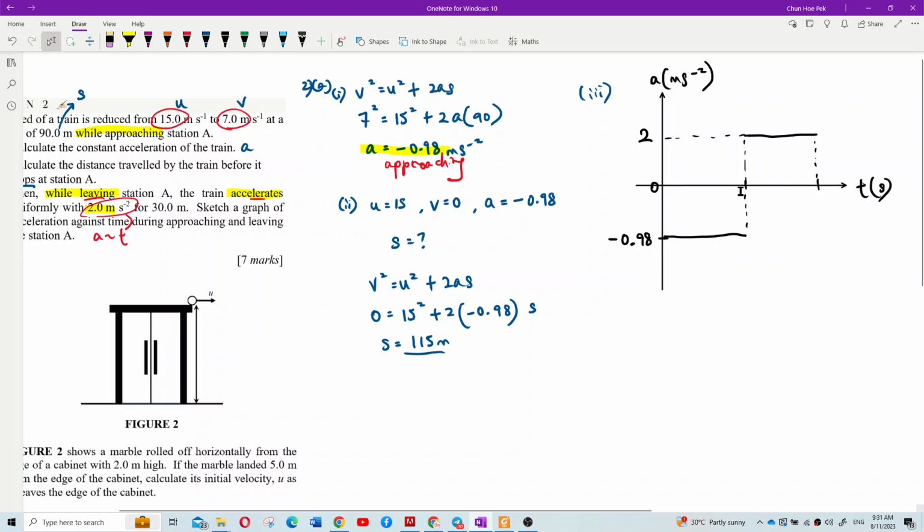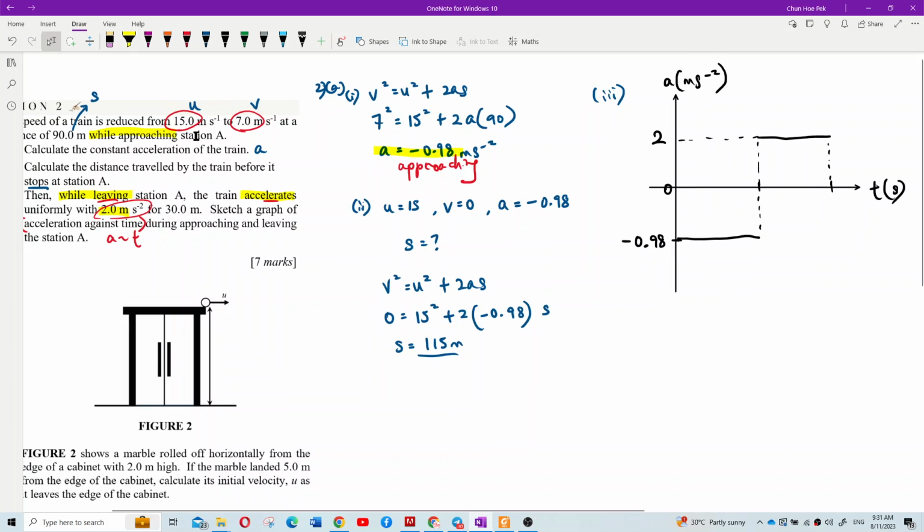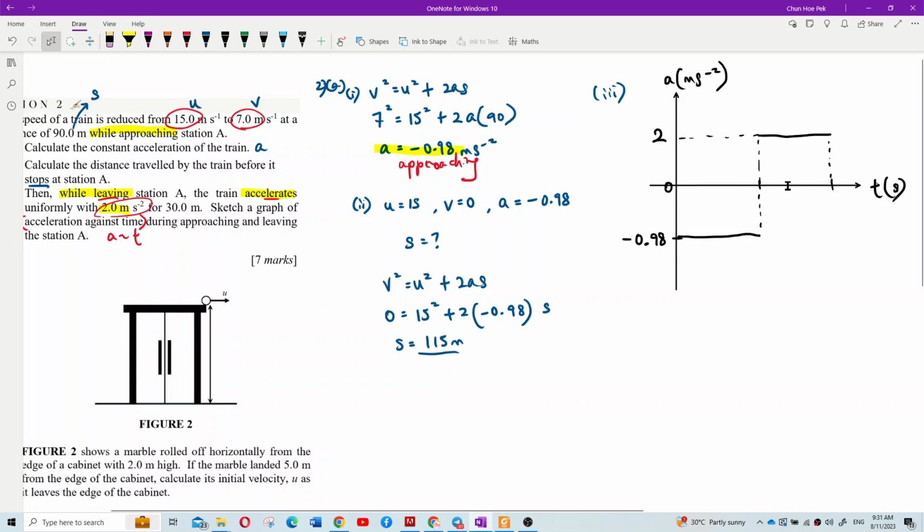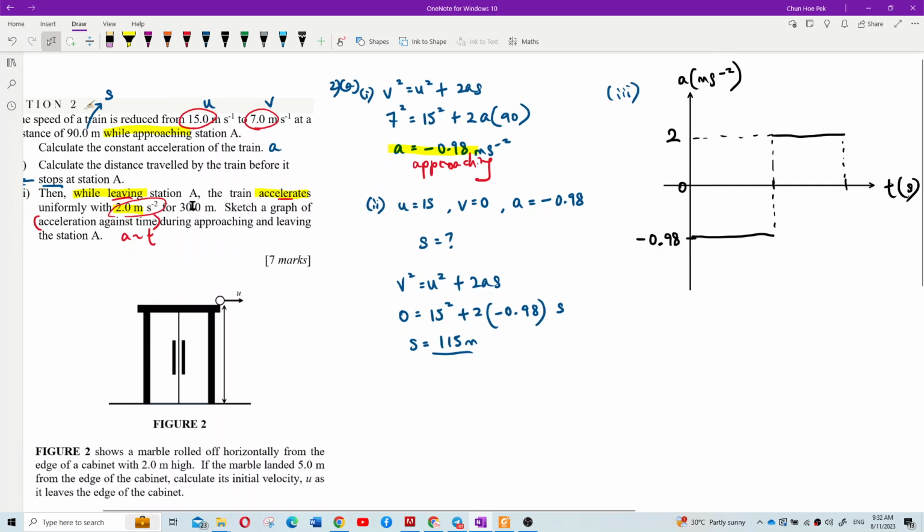So what is the time it reached station A? And what is the time when reaching 30 meter away from station A? So how, class? Accelerate uniformly with 2 meter per second for 30 meter.